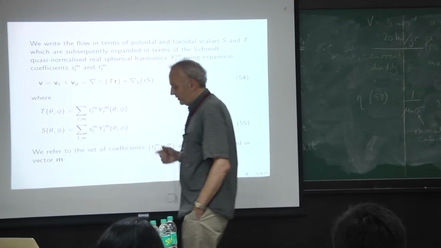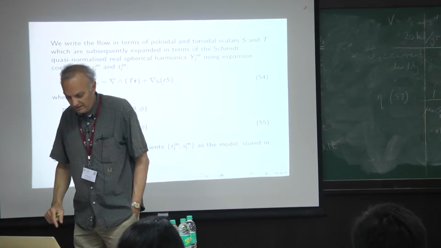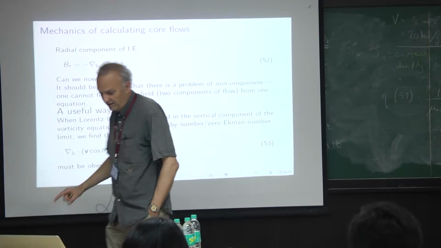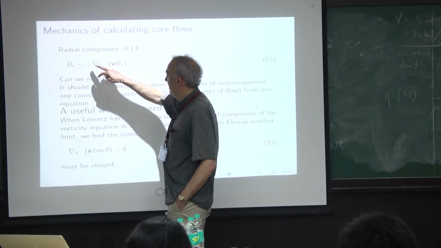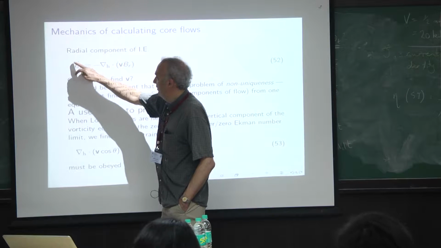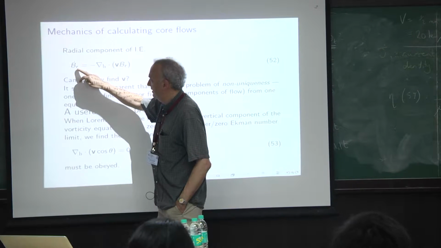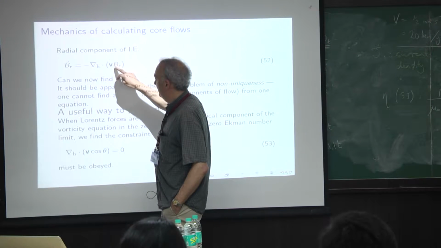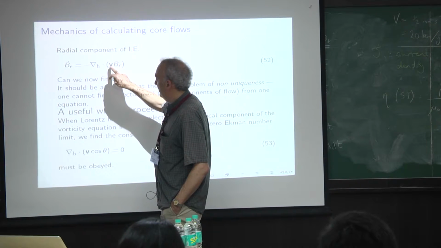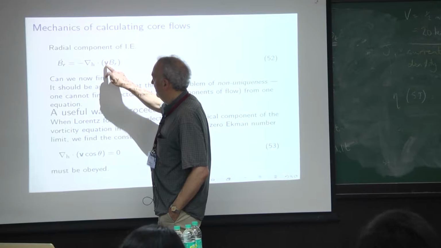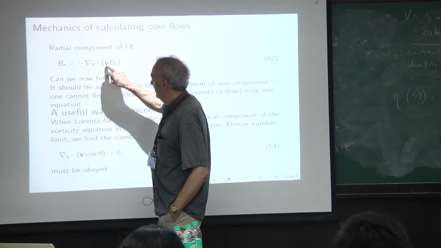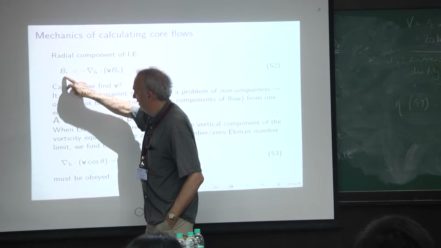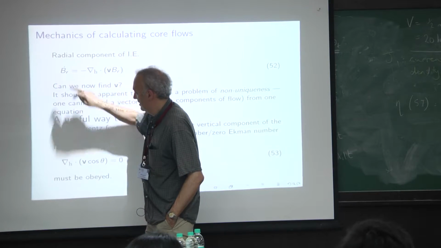And we're going to stick those into the induction equation. Let's just go back to the induction equation. The key thing about it is that it's linear. If I give you these numbers on the left-hand side, and I also give you these numbers here, and I ask you to find the flow V, you can see that V is linear in these numbers, which are essentially the data.